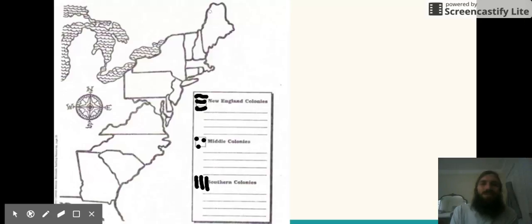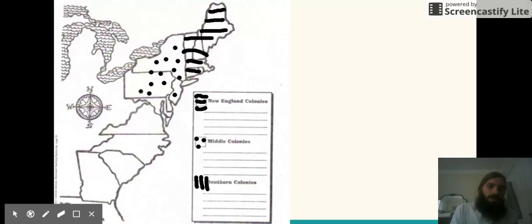Now, we have symbols for each of these regions. We're going to add these symbols to our map to show where these regions are located. So add horizontal lines to your map in the New England colonies in the north. Add polka dots to your middle colonies in the middle. And then finally, you're going to add vertical lines to your southern colonies in the south, showing where they are located.